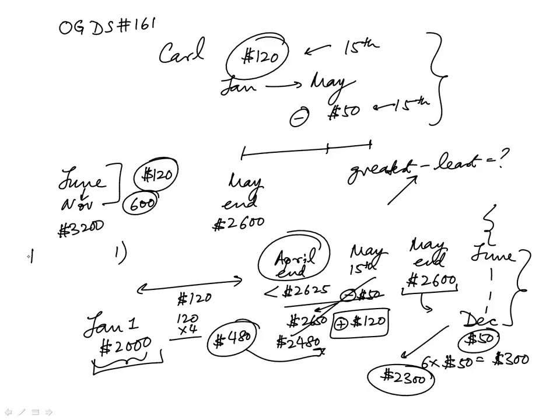And then on December 15th, I can say that there was a withdrawal of $50. In this case, the balance at the end of the year would be $3,150. But the key point is now my greatest balance is $3,200, and the range, which is the difference between the greatest and the least, is going to be $1,200, which is different than the $600 that I got earlier. So we don't have a unique value for the range. So statement 1 alone is insufficient.